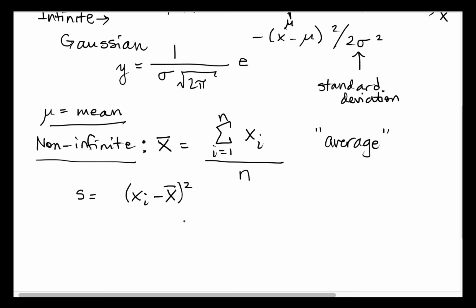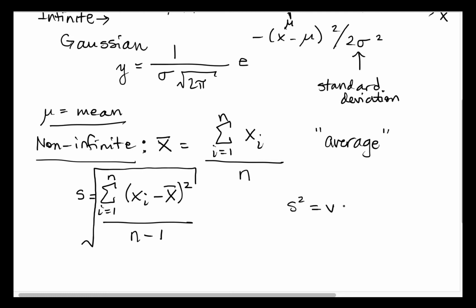So we're going to square them before we add them. And then we're going to add all of them up. We're going to take each of our data measurements, take the difference between that value and the mean, square it, add them together, divide by n minus 1, and then we're going to take the square root. If we did not take the square root, then this would be called the variance.